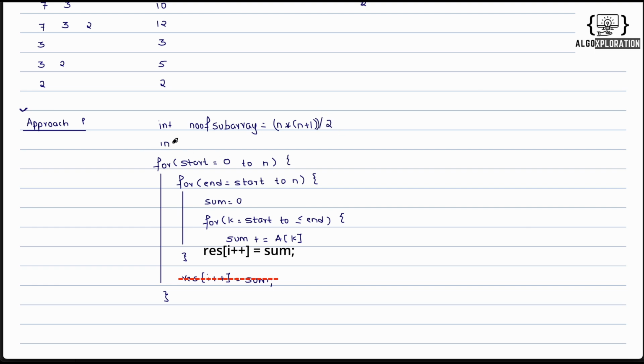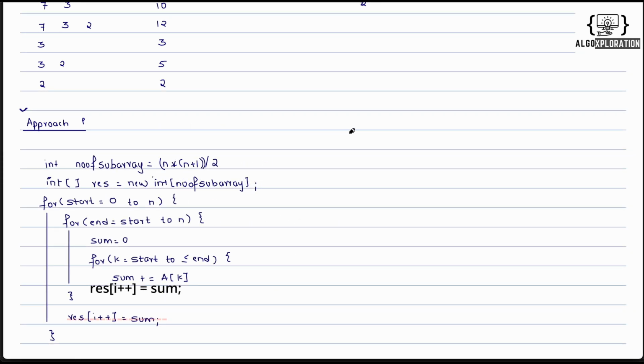Now let's create the resultant array, which is equal to new int, and the size of the array will be number of subarrays. That's it. Here we have created the resultant array, and using this code we will be able to find the sum of all the subarrays. Now let's try to run this code with a smaller array.